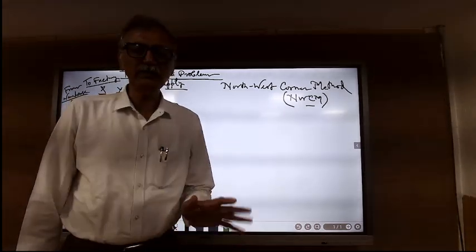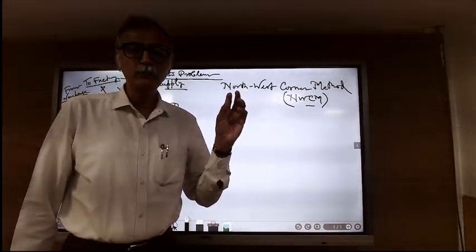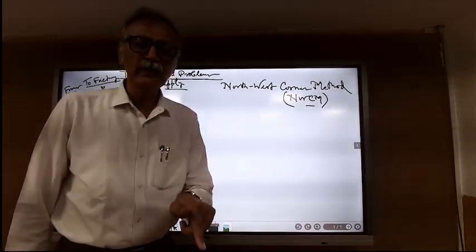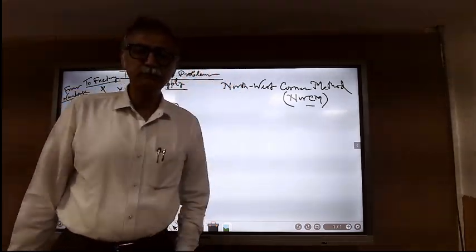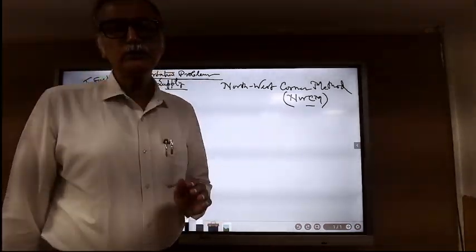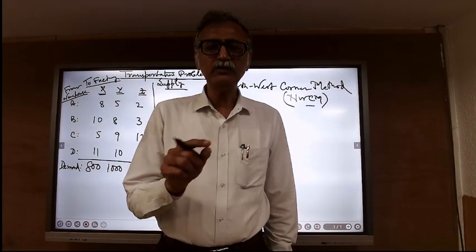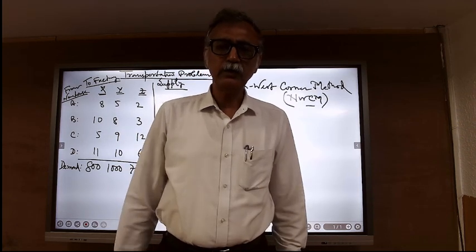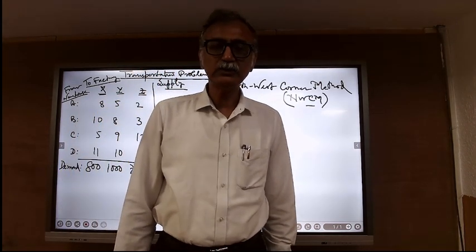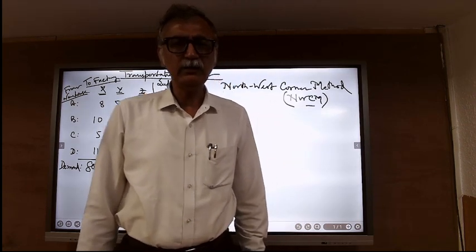This decision is taken bluntly, as the name suggests, that we have to pick and choose the northwest cornered cell of the entire transportation matrix. So from which warehouse to which factory is decided based on the name of the solution process, northwest corner. How much will be decided logically, maintaining the heuristics.